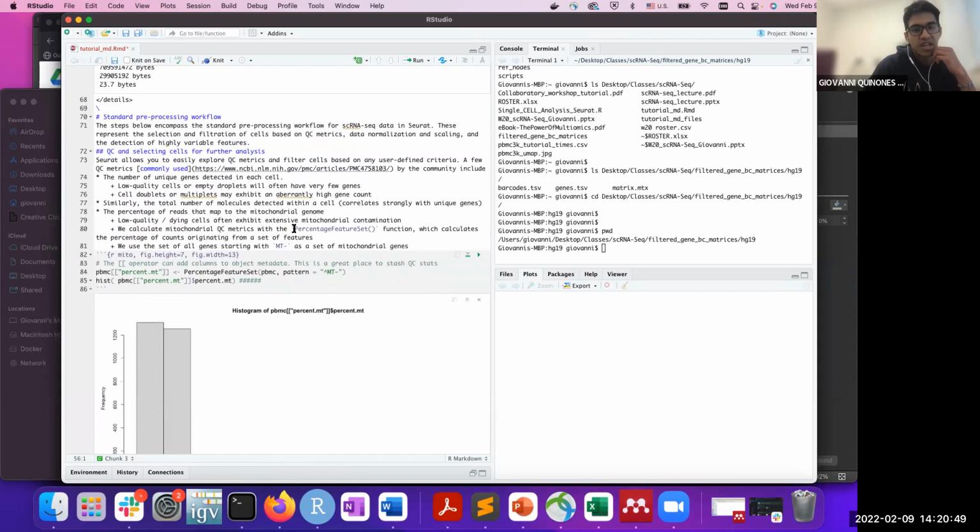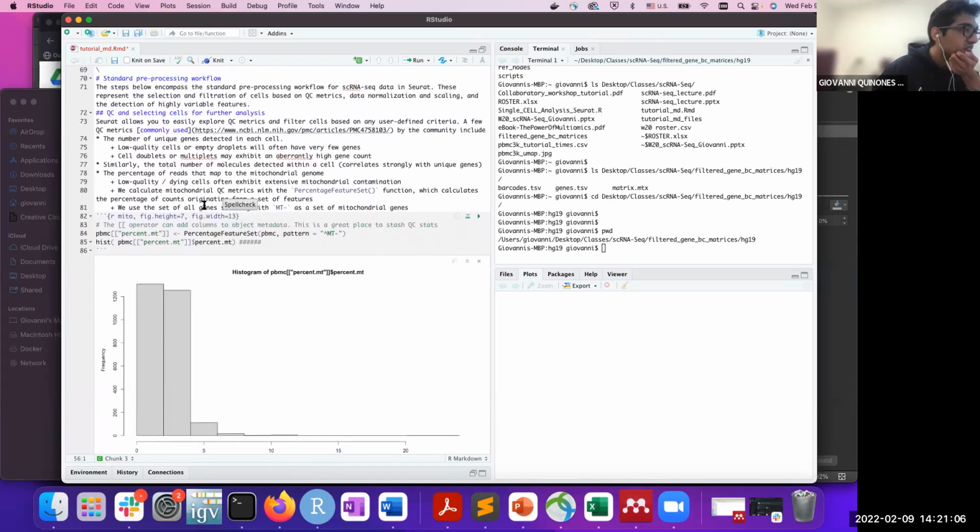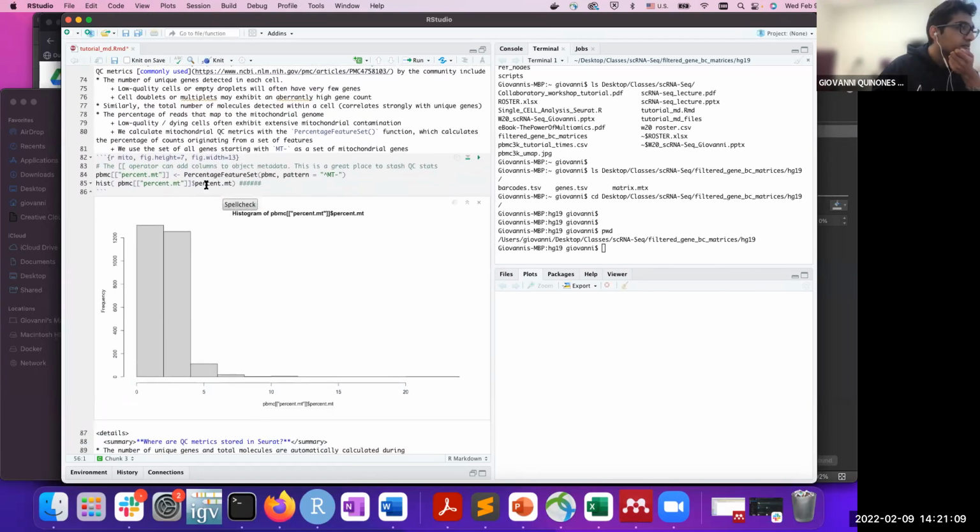Right, so we're back in RStudio, and we're at this point around line 70. Here's a brief description of the quality control metrics that we just went through. We don't need to do that again. In the next cell, this is the part where we're calculating the percentage of mitochondrial RNA.